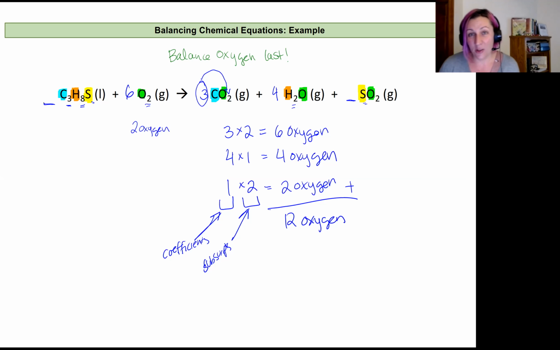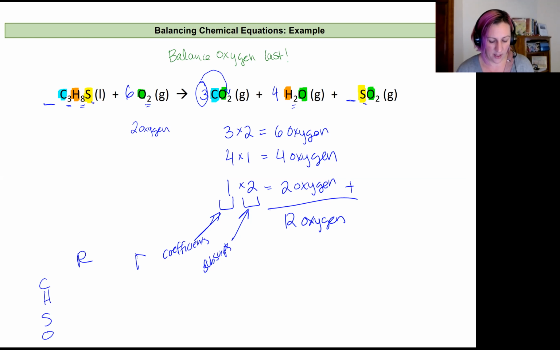At this point, I can always double check and make sure that I have the same number of atoms on both sides. So I can look at carbon, then hydrogen, then sulfur, and then oxygen. Got my reactants and my products. So I have 3 on my reactant side and 3 on my product side.